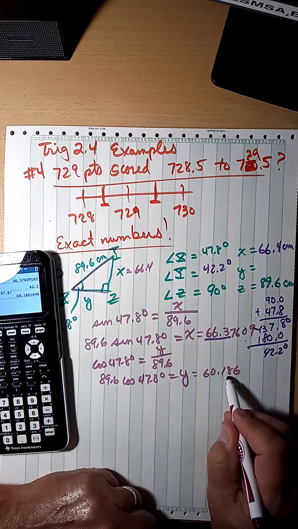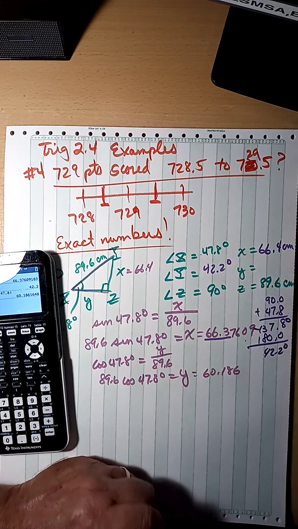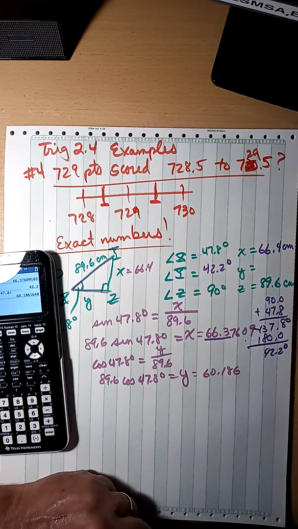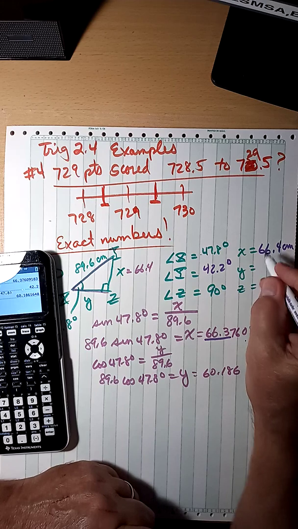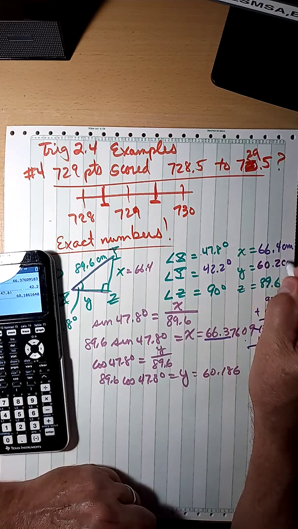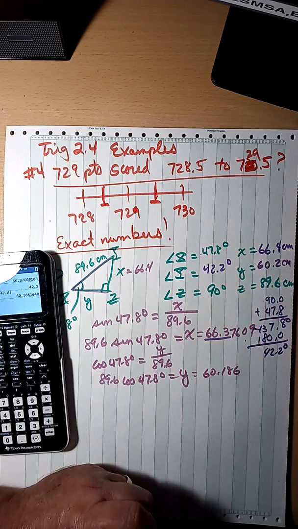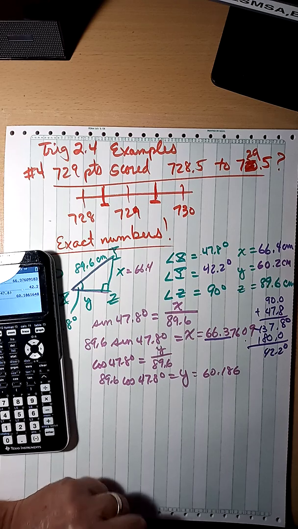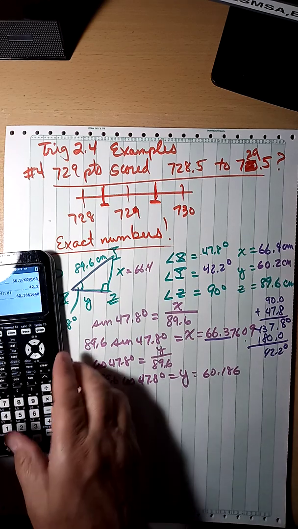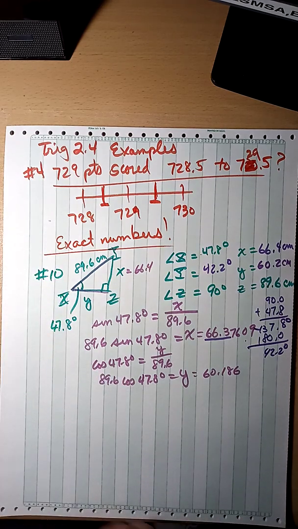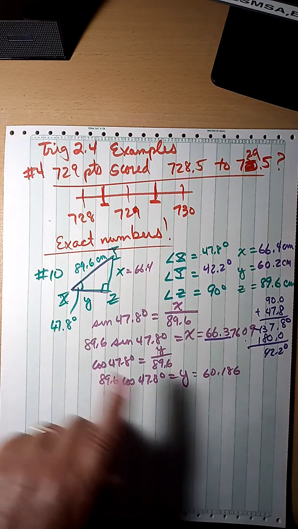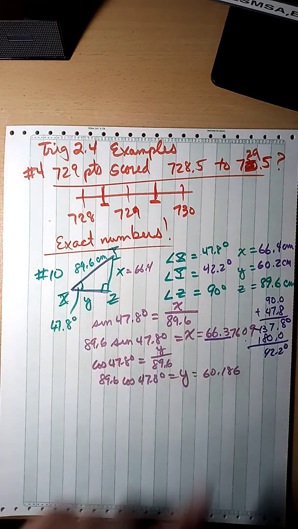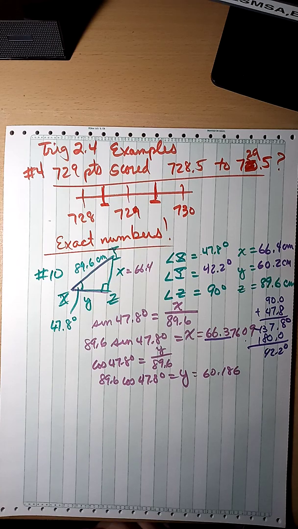I just need to go to one decimal place, 60.2 centimeters. So that's solving a right triangle. You get a bunch of steps. You get at least 4 though, certainly.